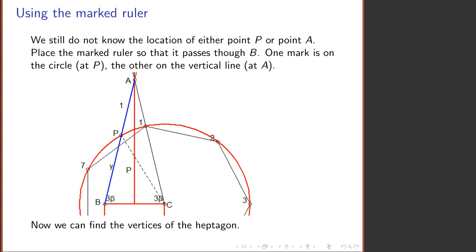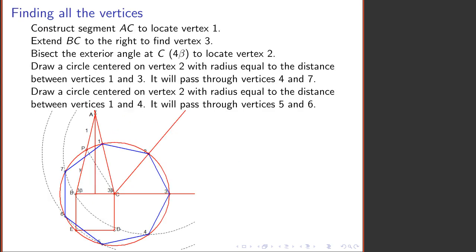And now I maintain I can find all the vertices of the heptagon. What do I do? Well, first, I complete the isosceles triangle. Previously, I had the side from B to A. I now draw the side going from A down to C to complete the isosceles triangle.